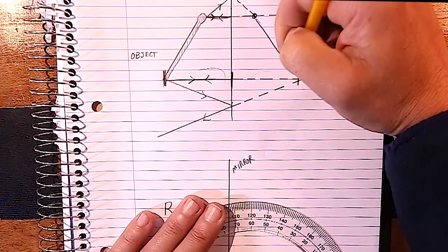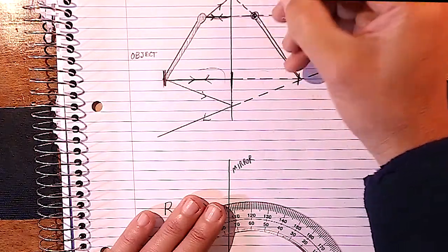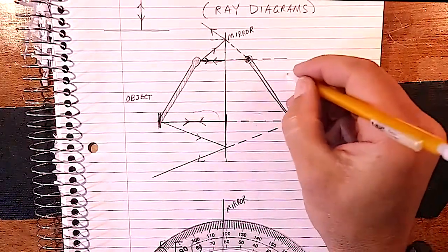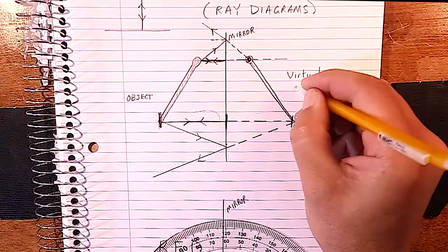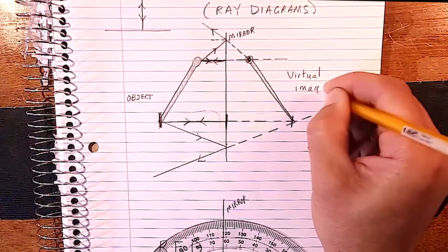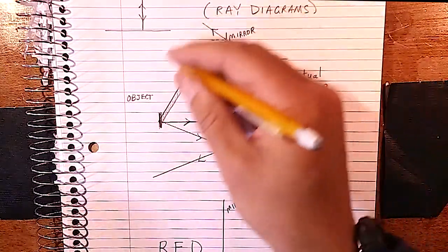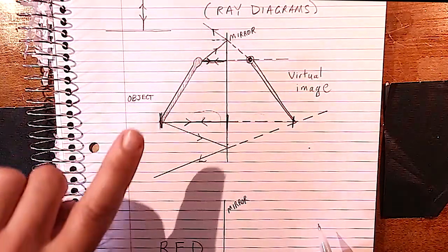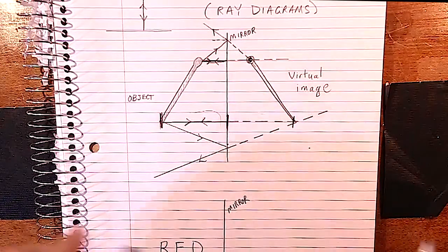And now we can see that what we have is a reflected image of the object. So this is called a virtual image because it's not real. And it is only the result of the reflection of the light rays, and this whole diagram is called a ray diagram. So the object like this is reflected in reverse on the other side.